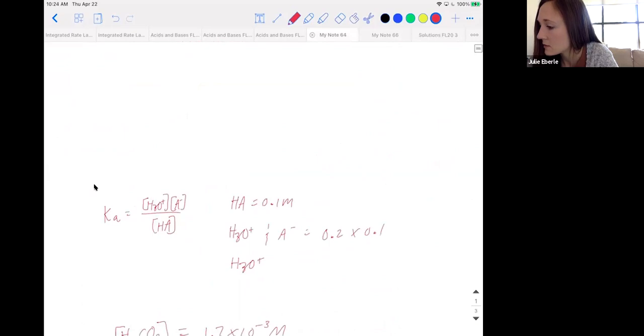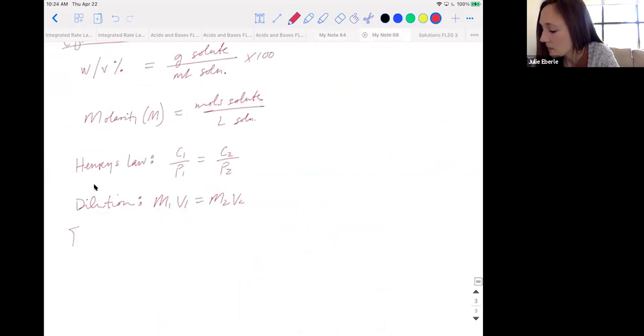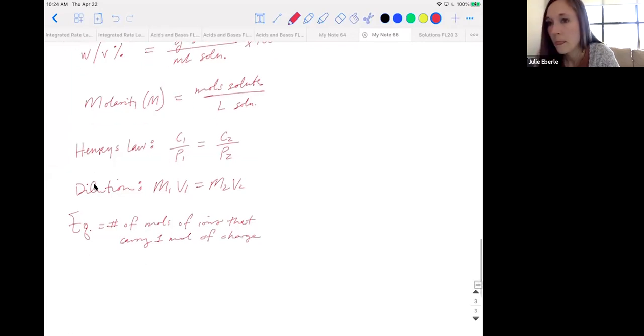So that is Eq, lowercase e, lowercase q, equivalence, equals the number of moles of ions that carry 1 mole of charge.